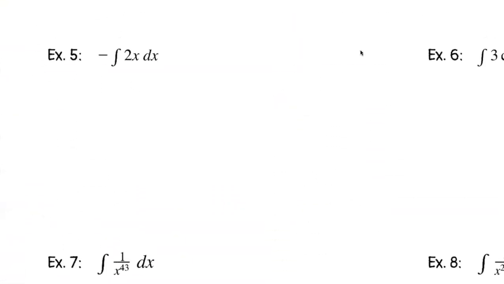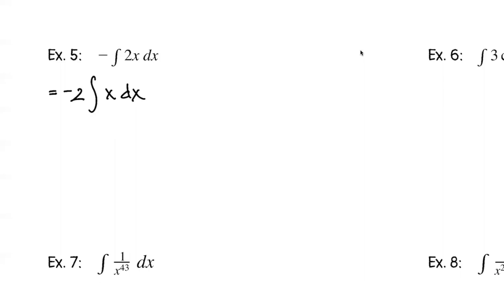So example 5, the integral or negative the integral of 2x. So this, my friends, is a constant multiple. So I'm going to go ahead and keep the negative, but also bring the 2 out to the front. And then I'll have my integral symbol x and that dx to finish the integral symbol.